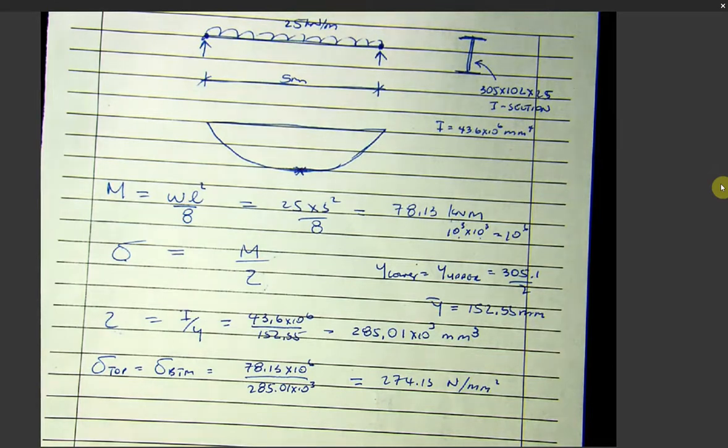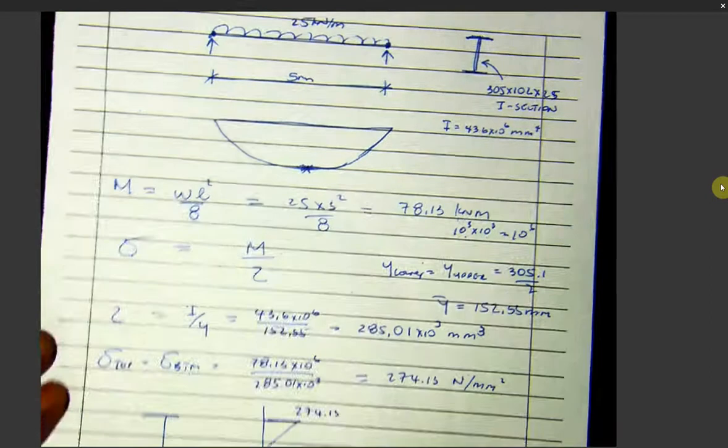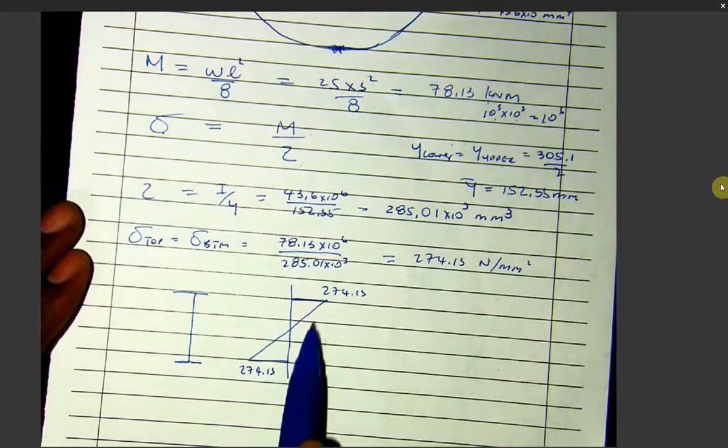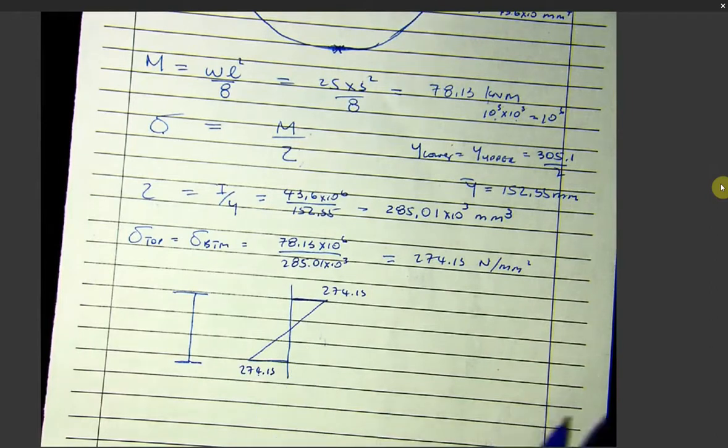Okay, this is how you calculate the bending stresses. So how do you draw it? There's your I section. In this case you just draw them. This is 274,13 at the top, 274,13 at the bottom. I don't want to get into details why I'm drawing it like this. One must be negative, the other one must be positive.